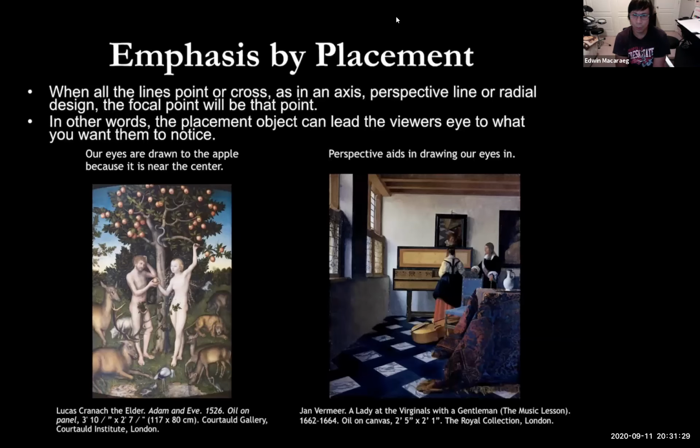With this work here, the Vermeer, A Lady at the Virginals with a Gentleman, The Music Lesson, the lines are causing the focal point. And so we are looking at the perspective lines.